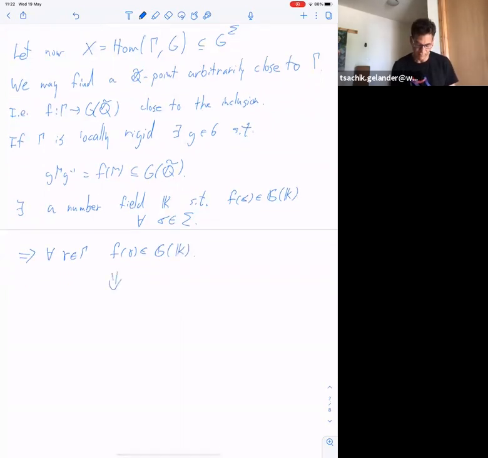So this implies that gΓg inverse belongs to G(K). This is how you prove this nice corollary, that elements in lattices must be algebraic, or must have algebraic eigenvalues.